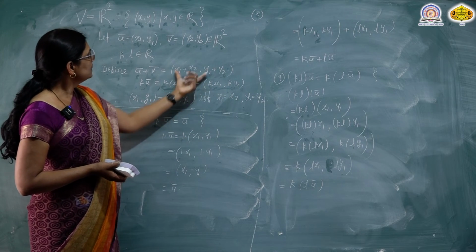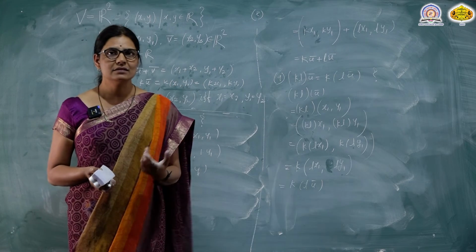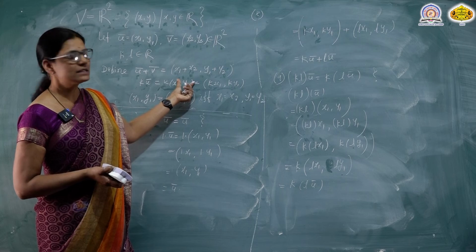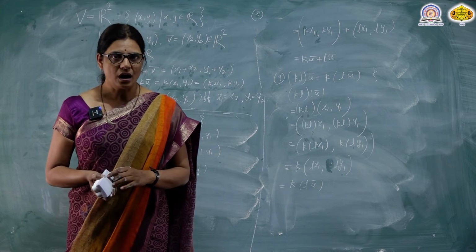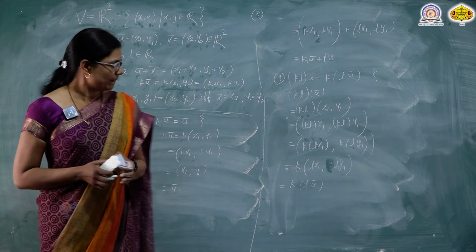So under these two operations, which we call component wise addition and component wise scalar multiplication, R2 is a vector space over R. R means the set of real numbers.